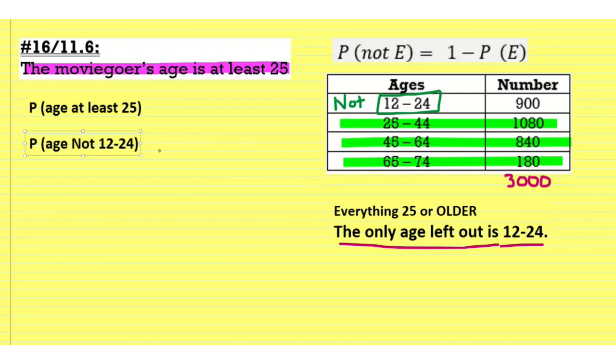So that means that I can rewrite that as 1 minus my ratio. Well, what is the number of participants that were between the ages of 12 and 24? Well, 900. So 900 is the part. And of course, the 3,000 is the total number in the survey.